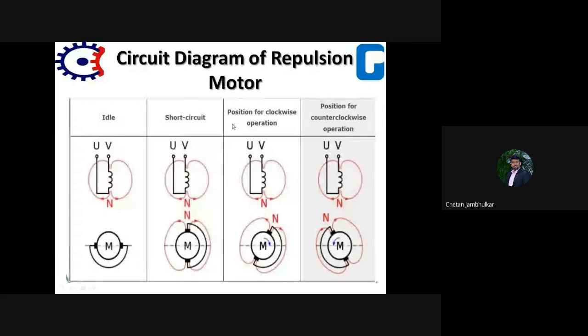For clockwise operation, some tilt will be there in the motor, or some induced EMF will be at its position. And for counterclockwise operation, the motor will produce this type of fluxes.